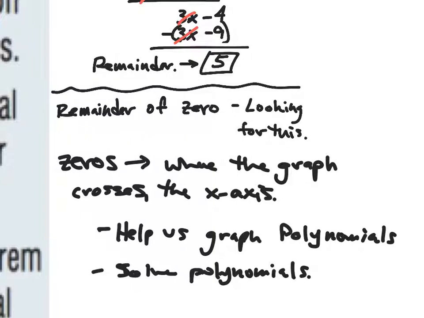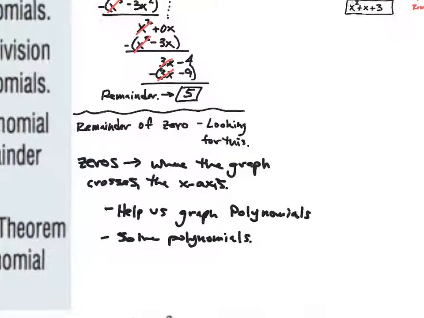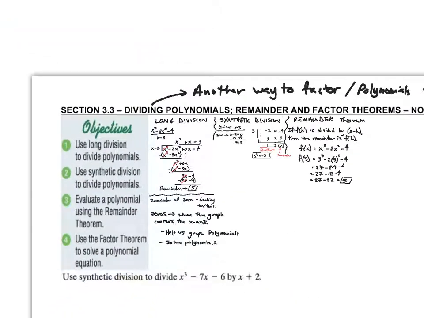We use this concept of the remainder theorem to factor. Essentially, we're looking to see when the graph crosses the x-axis. There's a bunch of things that we can do for this.